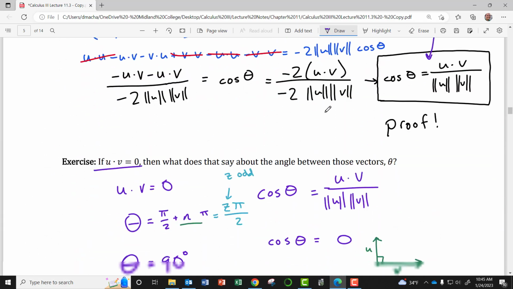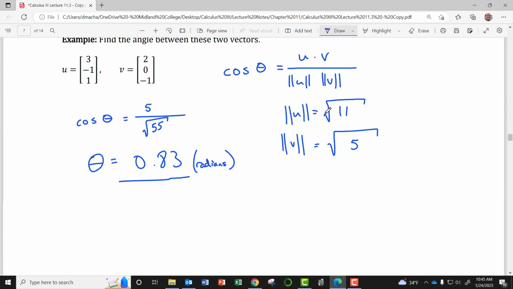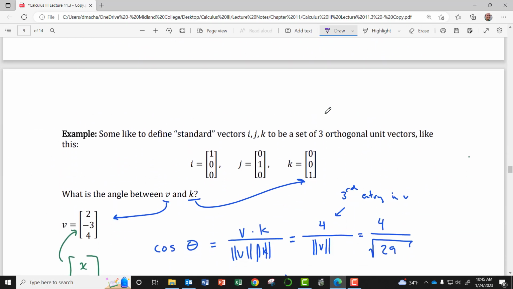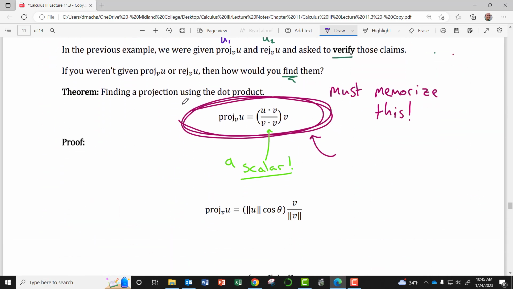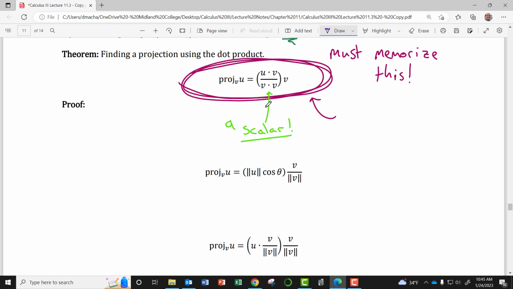The last thing I'm going to do in this quick little proof video is address the proof of this formula I gave for finding a projection using the dot product. Okay, so we talked about how the projection of u onto v goes like this. Here's my vector u. Here's another vector v.